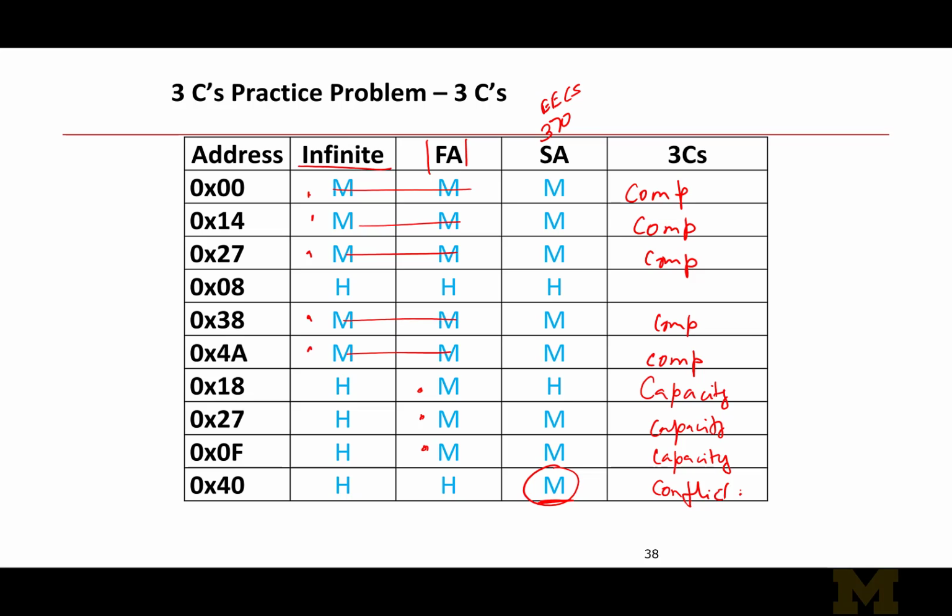So you'll notice something strange. If you notice this address, it turned out that it was a hit in the set associative cache, my given cache, but it was actually a miss in the fully associative cache. Now this strange phenomenon happens once in a while, illustrating the fact that a set associative cache can actually have fewer cache misses than a fully associative cache. Now the reason for this is the replacement policy not being perfect, right?